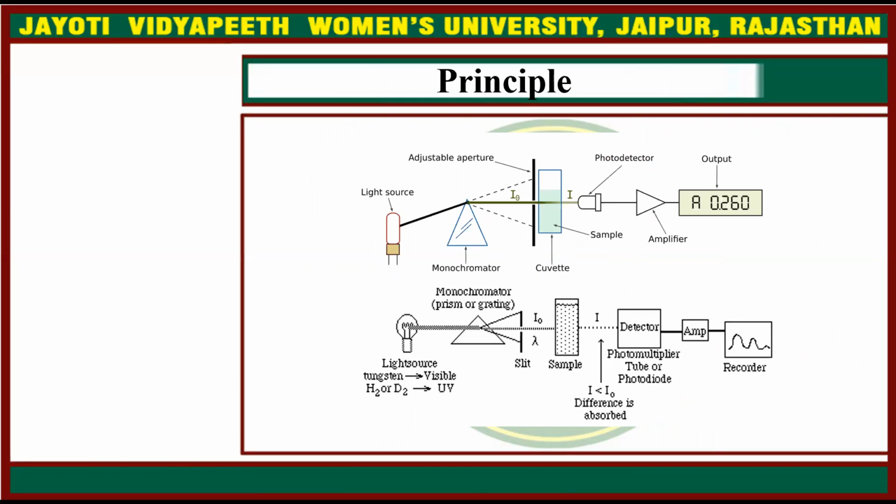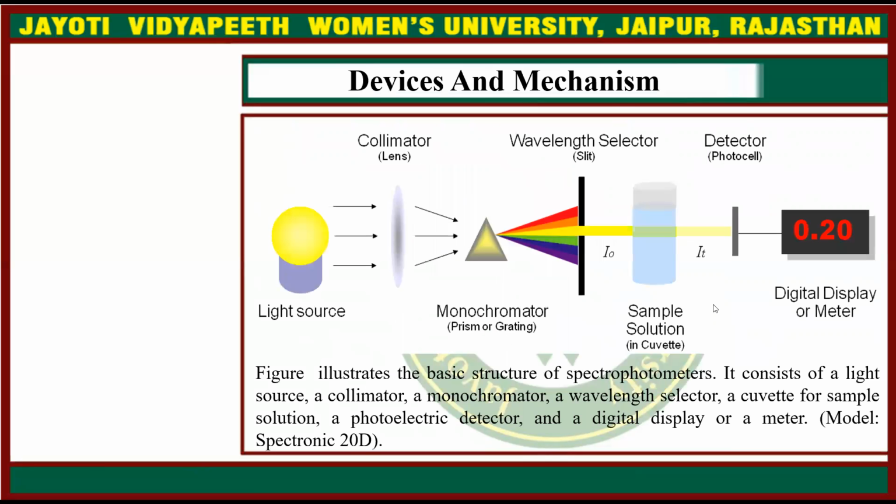The light source basically passes through the monochromator or prism, then that incident light goes to a cuvette in which the sample is filled. Then the sample is detected by the photodetector and the amplifier, and that amplifier gives the output in values and the recorder.